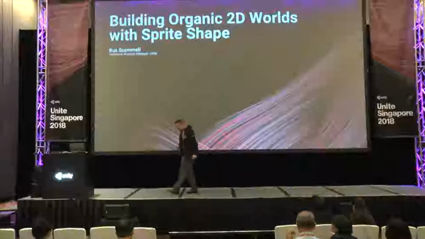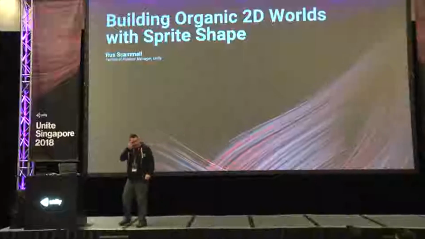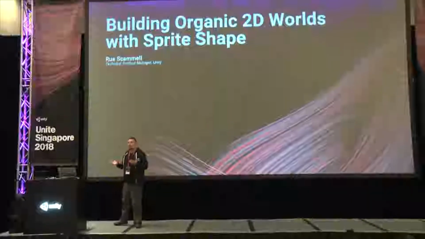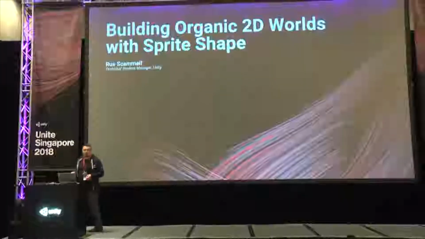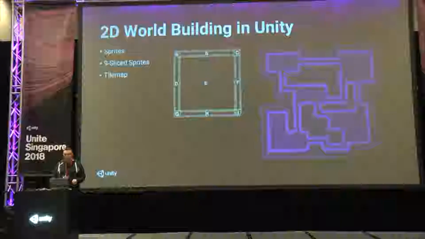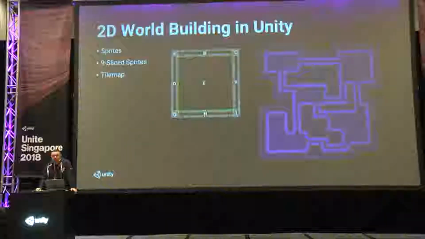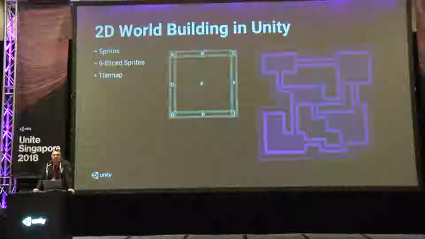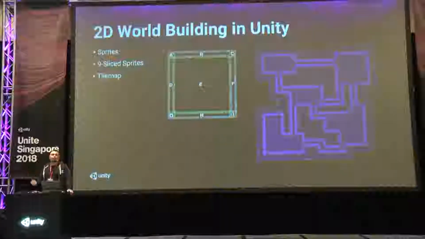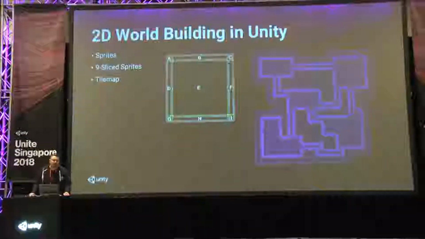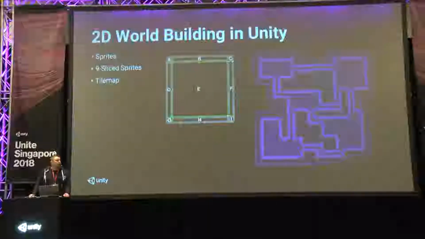No? Cool. Okay, so SpriteShape is our solution for organic world building. So let's start there. 2D world building in Unity has typically been: you bring in a sprite, you custom author a sprite, and you bring that in.